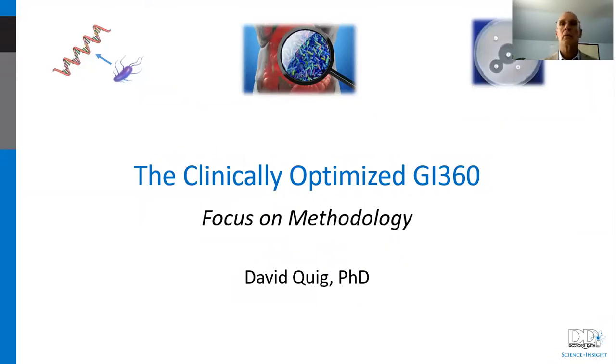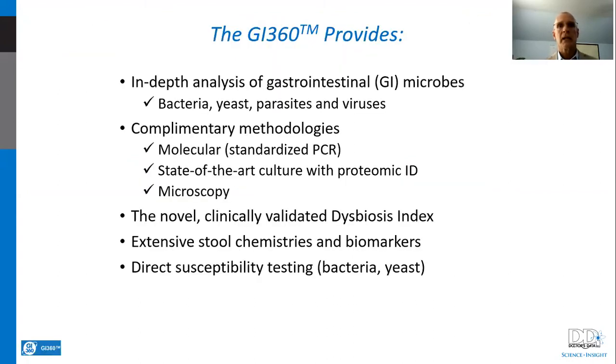So let's begin with a summary of what the GI360 provides. The GI360 provides a very in-depth analysis of the gastrointestinal microbes, the yeast, the bacteria, the parasites, the viruses, using complementary methods: molecular, standardized PCR, state-of-the-art culture with proteomic identification, microscopy, ova and parasitology, and the novel and clinically validated Dysbiosis index.